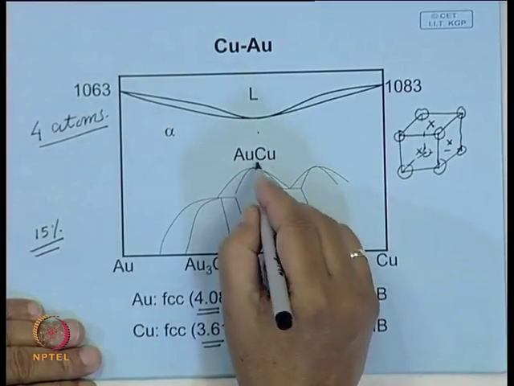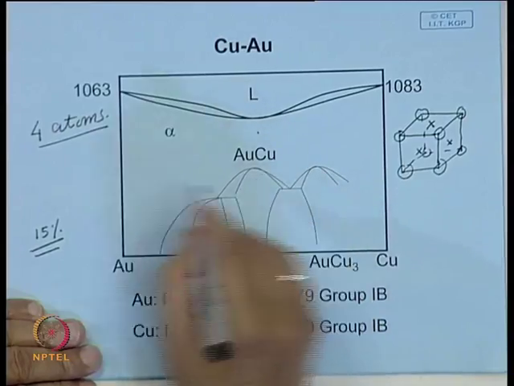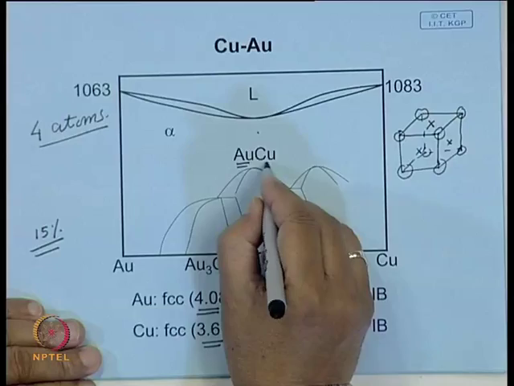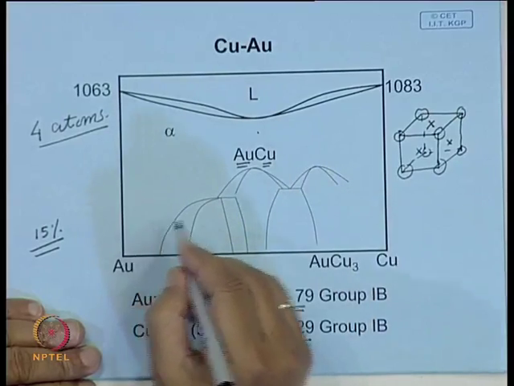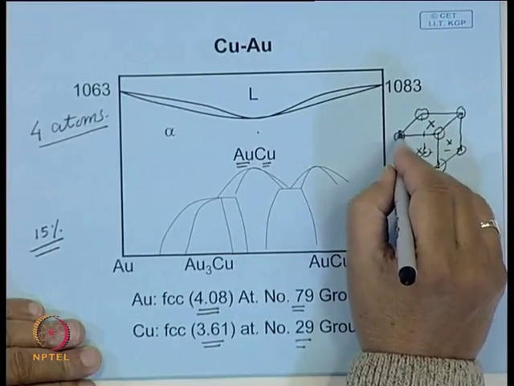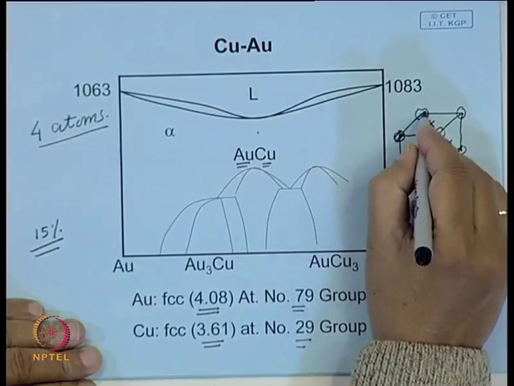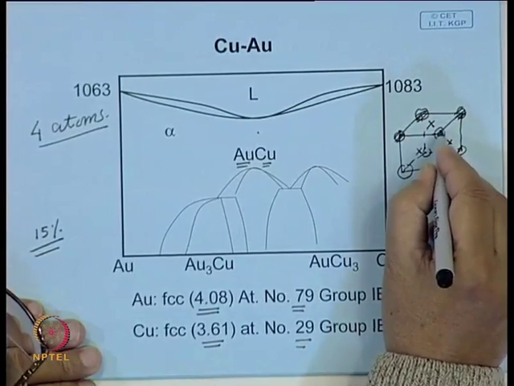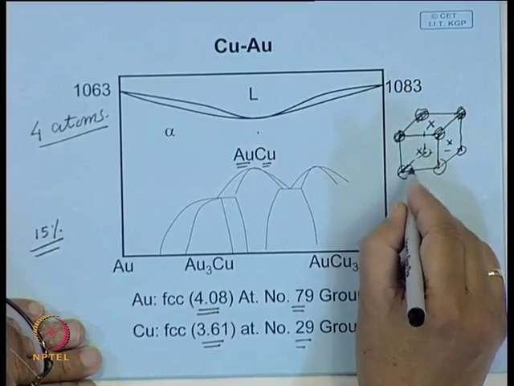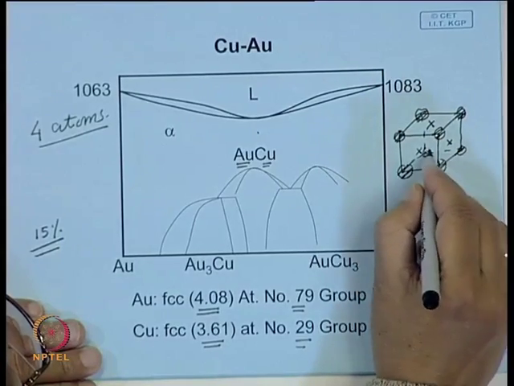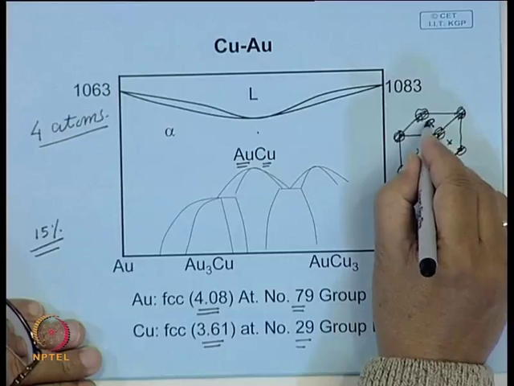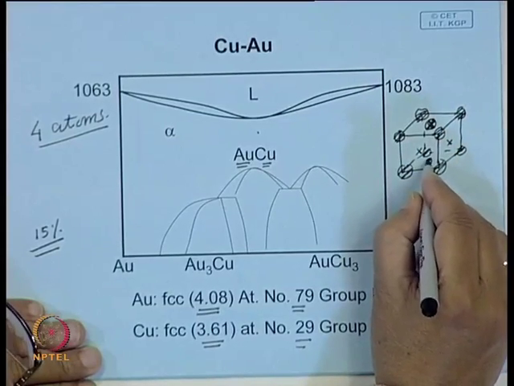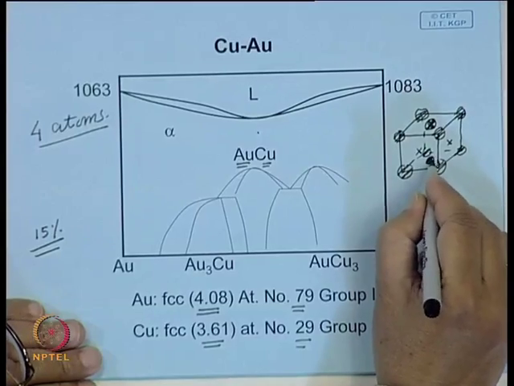And here when this kind of ordering takes place, what happens is gold and copper atoms will occupy specific sites. Here one atom will occupy each of these corner sites and these sides, and the base also.